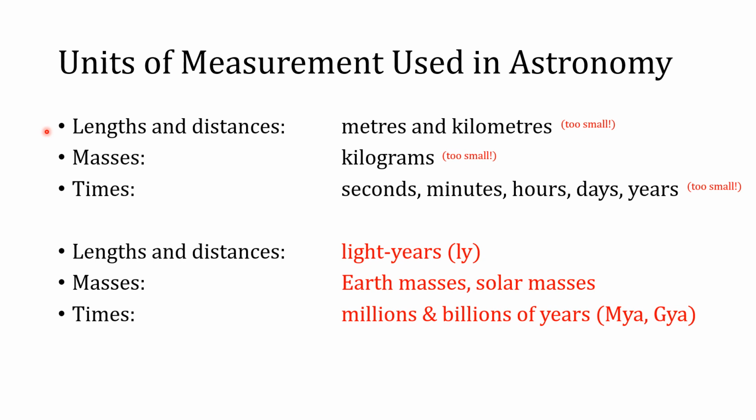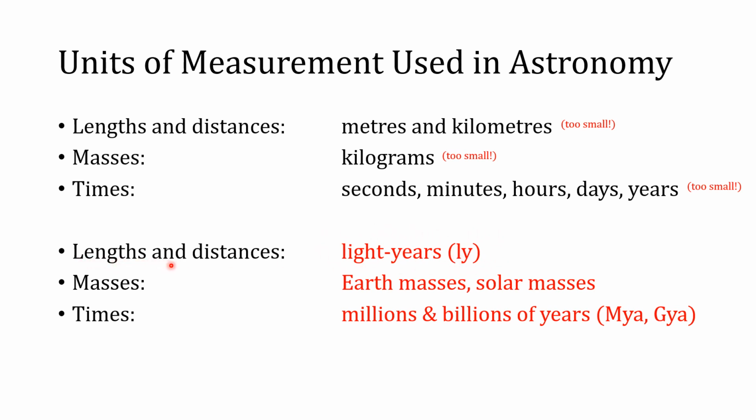Our solar system makes up almost nothing of what we know is out there in space. So we need new units to talk about those things that are bigger and farther away. And so that's where light years come in. Everybody's heard of light years, and we are going to calculate for ourselves how big a light year actually is.